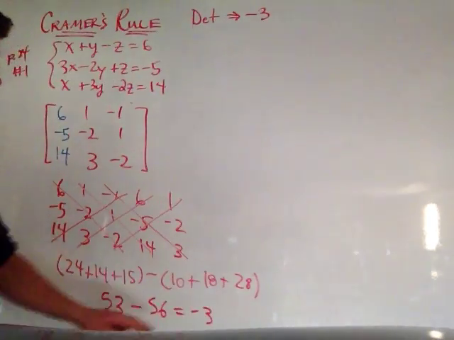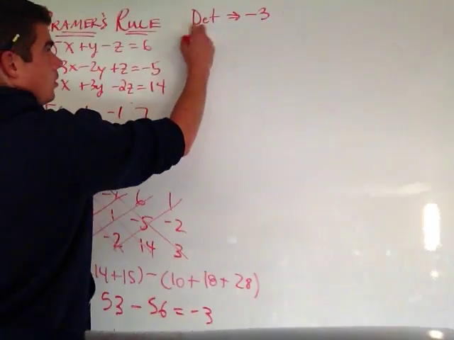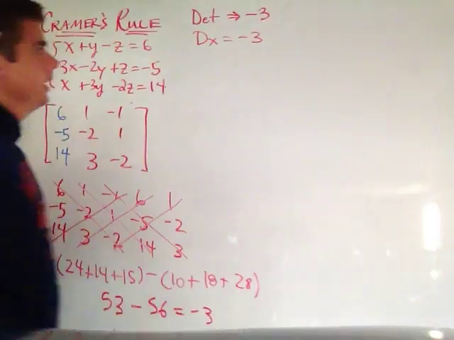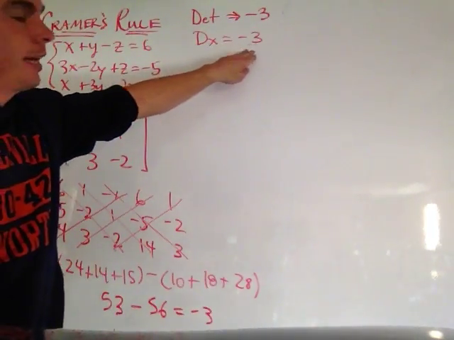Okay, so I got -3 as the determinant with respect to x. So I'm going to keep track of it by putting a subscript, D sub x equals -3.